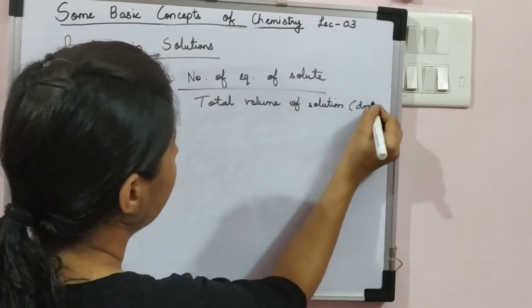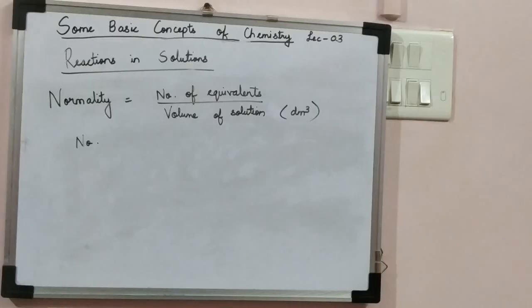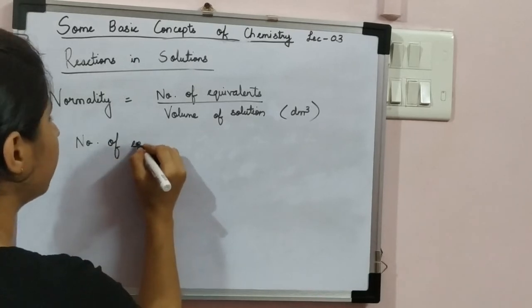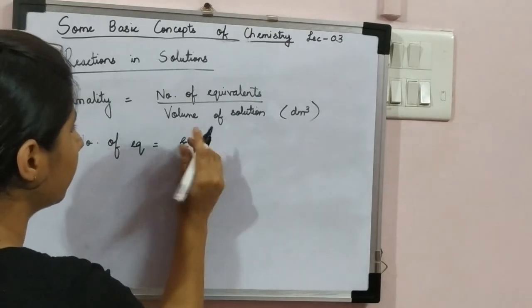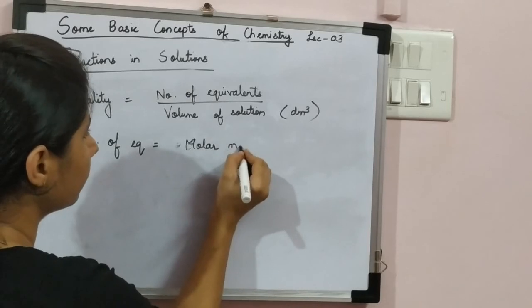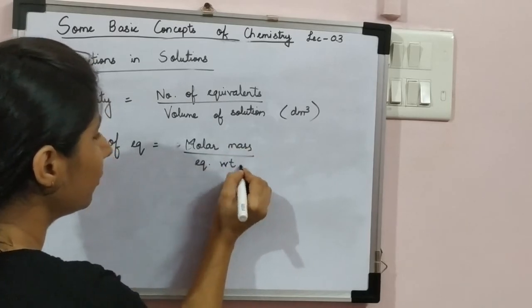Now number of equivalents, what is it? Number of equivalents is molar mass upon equivalent weight. Now how did this come about?